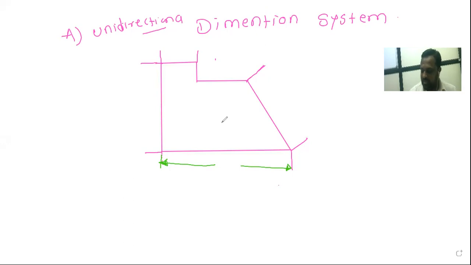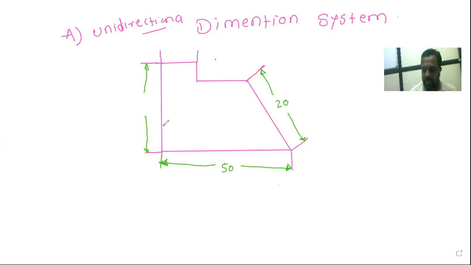Again, suppose we have to show this dimension, again we have to break down the dimension line, and here again we do the dimensions. Again, suppose we have to show the dimension for this line, we break down the dimension line like this and do the dimensions.